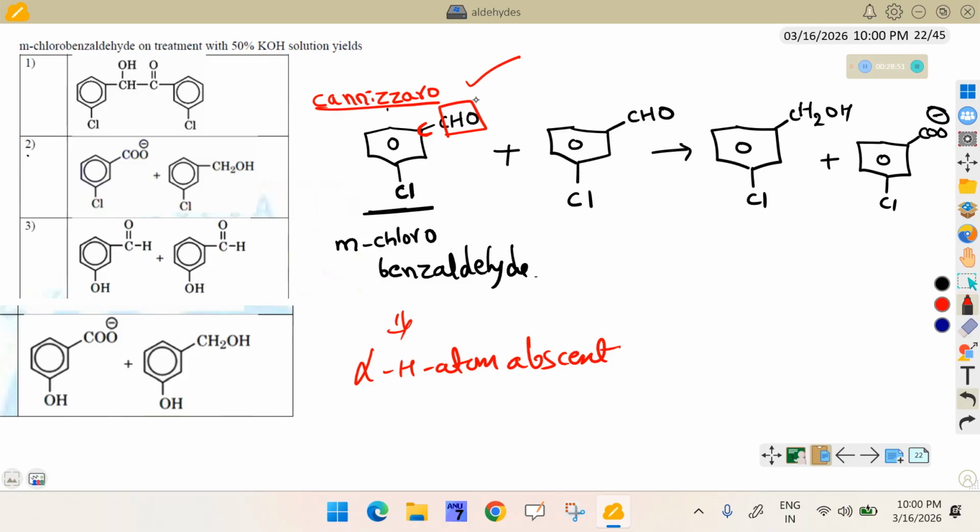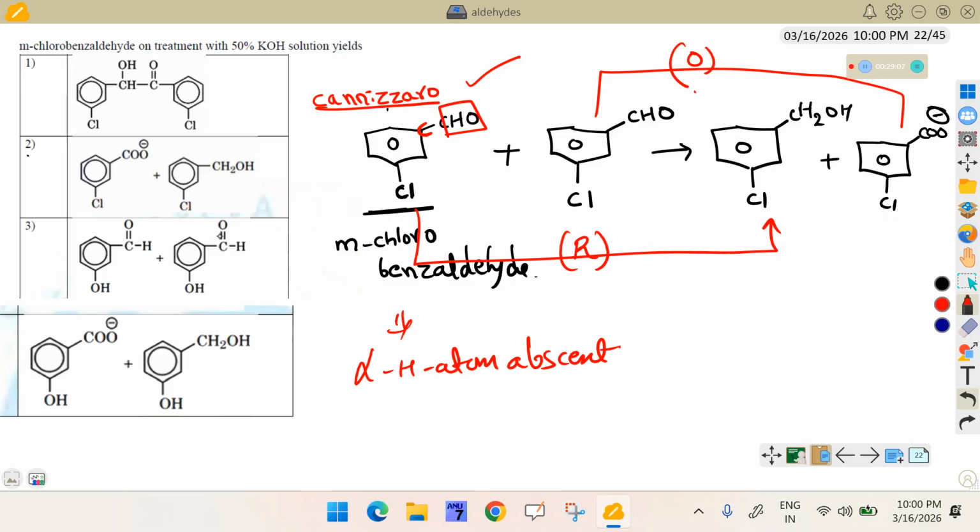In Cannizzaro reaction, self-oxidation and self-reduction take place. Aldehyde undergoes reduction, then it gives alcohol. Aldehyde undergoes oxidation, then it gives salt of carboxylic acid. So the correct option is second option. Chlorine atoms are unaffected. Why? Because this is a haloarene. Haloarenes do not participate in nucleophilic substitution reactions.